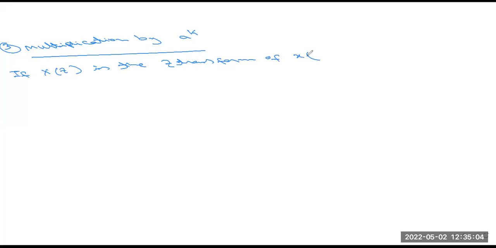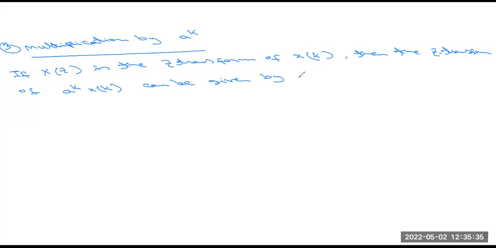Okay, so now we have to apply the multiplication rules for the polynomial functions. So this x of z is the Z transform of x of k, then the Z transform of the polynomial function, that is a to the power k into x of k, can be given by x of a inverse into z.